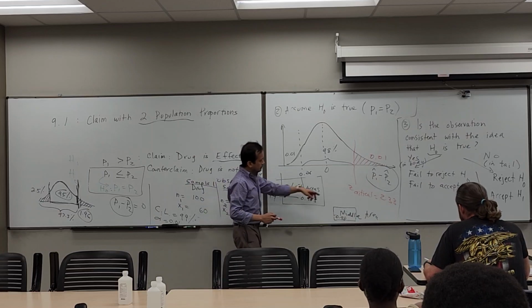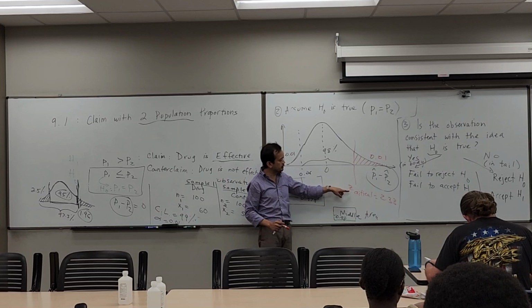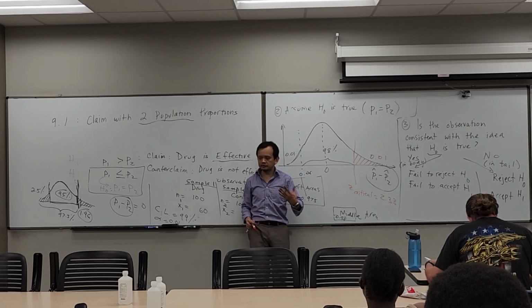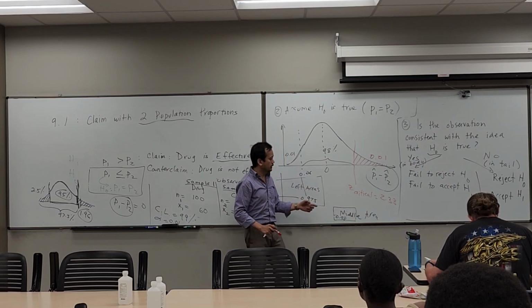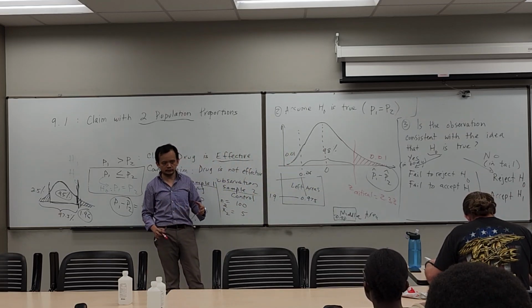So then ultimately we want to decide whether the observation is in the body or the tail, and that'll have its own test statistic. In this case, it will be a Z-test, and any test statistic will come from a formula.